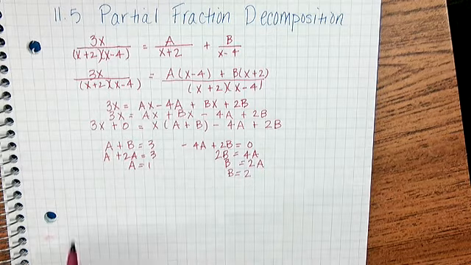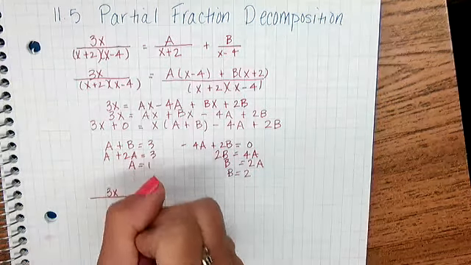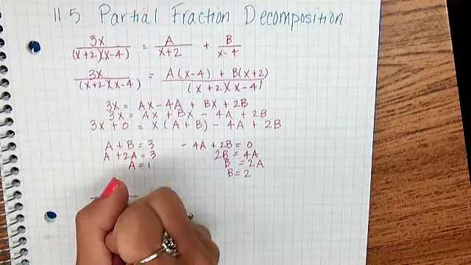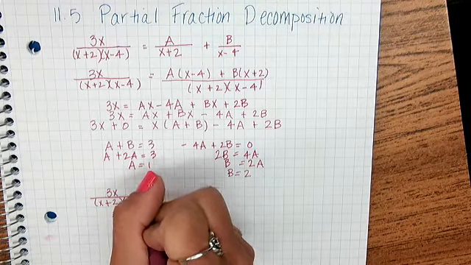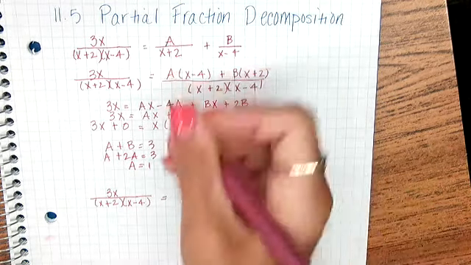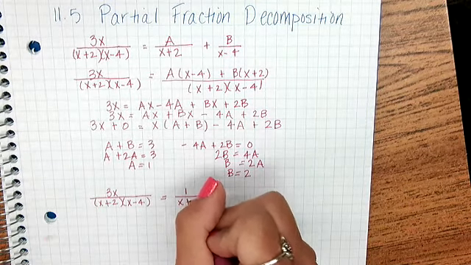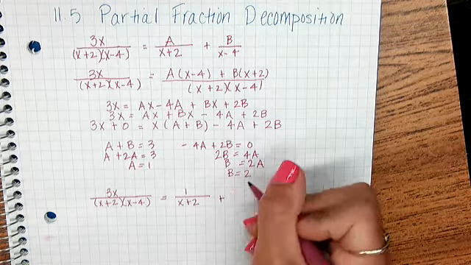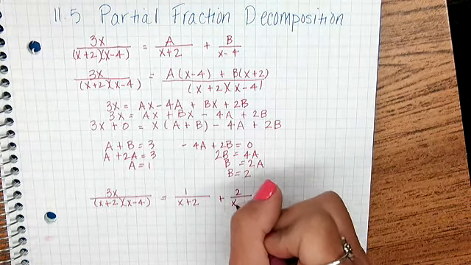So 3x over quantity x plus 2, x minus 4 is equal to a, which is 1 over x plus 2, plus b, which is 2 over x minus 4.